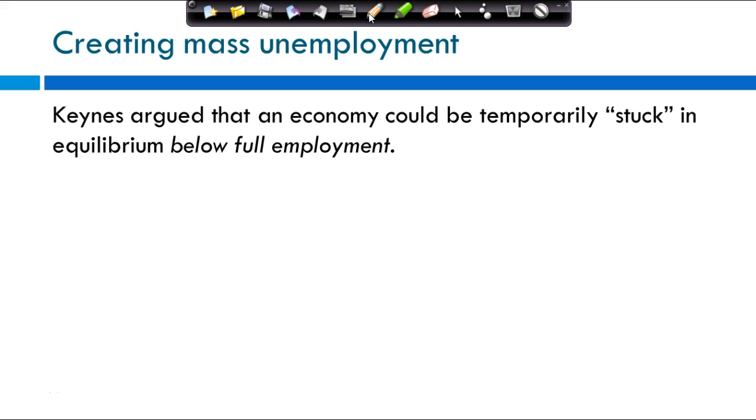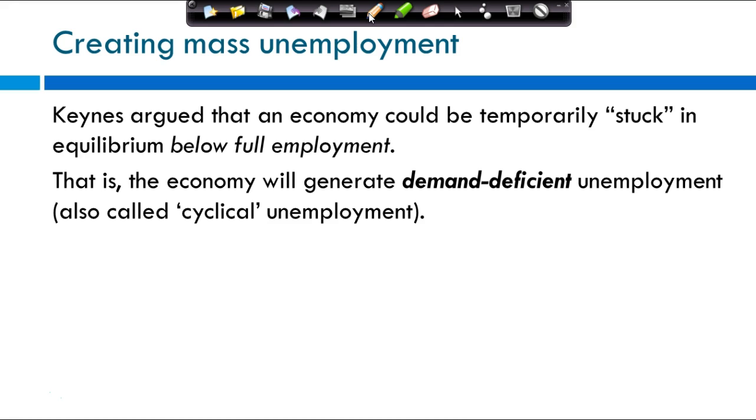That is, the economy could come to settle at an equilibrium which generated mass unemployment, and that in the short run there was nothing in the economy which would rectify this problem quickly.